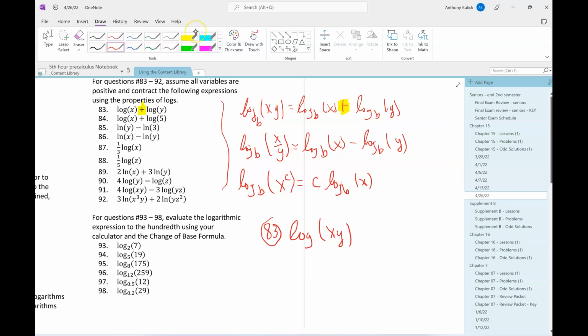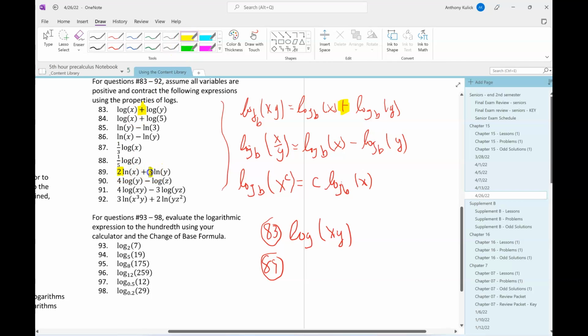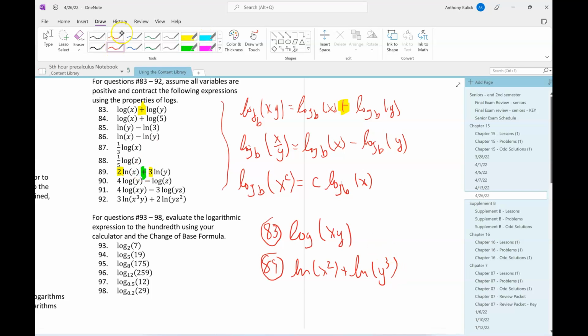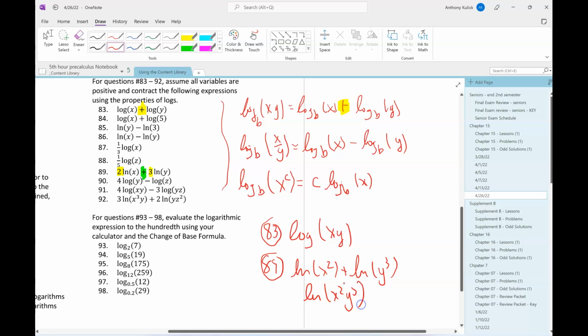Or if I was looking at, say, 89, I notice that I have a power property in the coefficients. So that would turn this into natural log of x squared plus natural log of y cubed. But then I also have a product property there. So I could put them together.